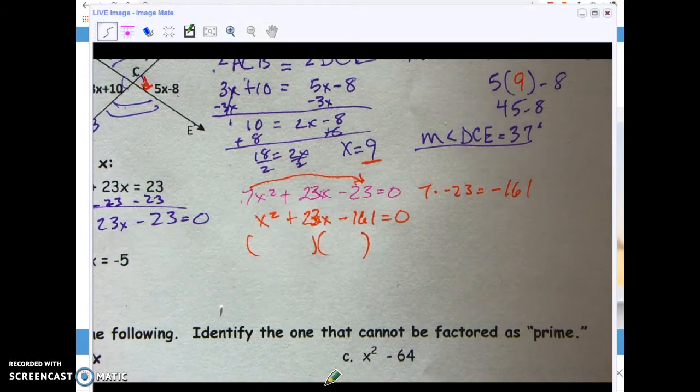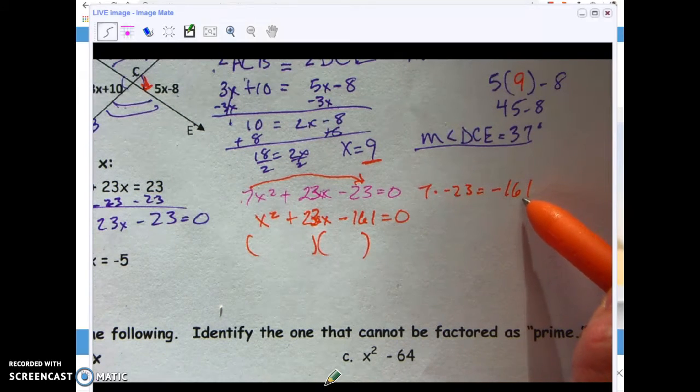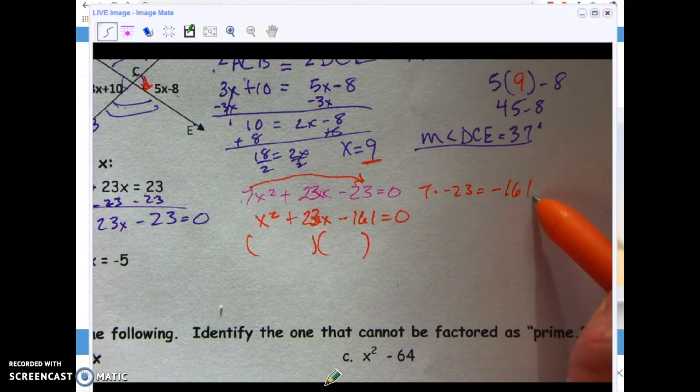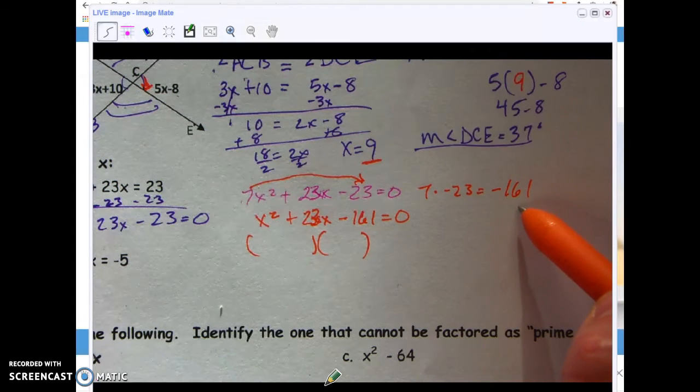Okay, when I'm looking at this 161, I can't multiply it by 2 because it ends in a 1, so that's not an even number. I can't divide it by 3. I know that 150 divided by 3 is 50, but then there's 11 left over, and that doesn't go into 3 evenly. 4, it's not an even number, so it's not divisible by 4. 5, it's not a 0 at the end, so it's not divisible by 5. 6 doesn't work either.